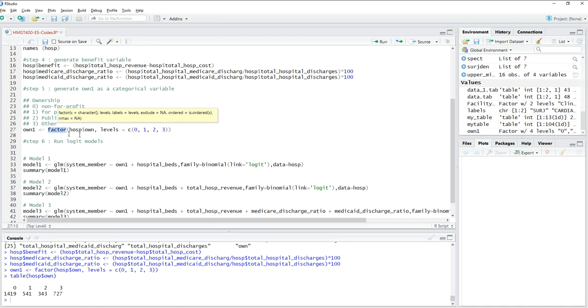So based on the factor function, I just generate a new variable, call it own1, and the new variable is a factor variable.